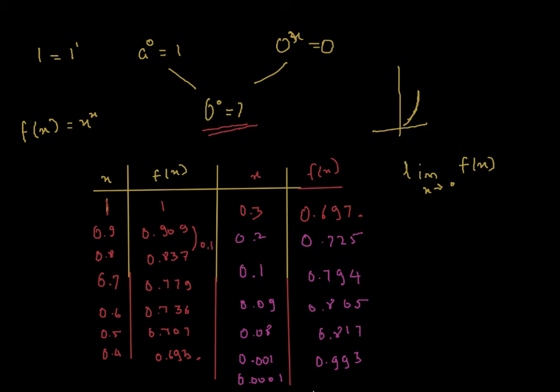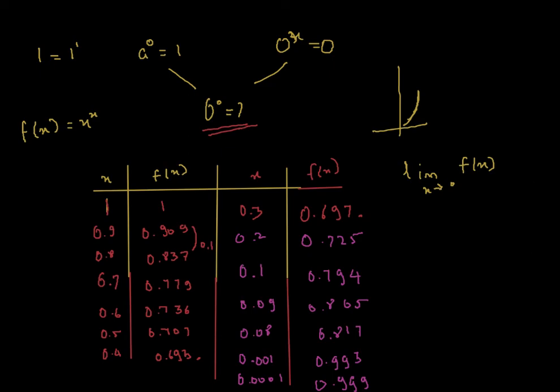What will that be? My calculator is showing 0.999. Now you are getting me. So the number is approaching 1.